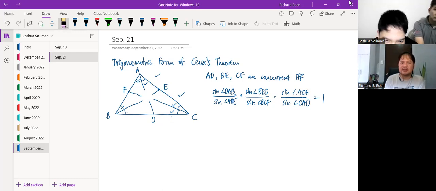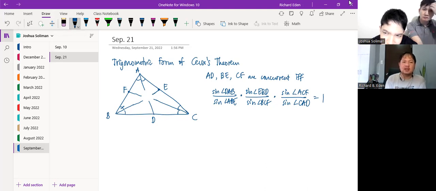How would you possibly remember this? The way to remember this actually, the easy way that we remember Ceva's theorem, you're going through each of the angles. So, halimbawa, I started here, 1, and then let's say you decide to go counterclockwise, 2, 3, 4, 5, 6.